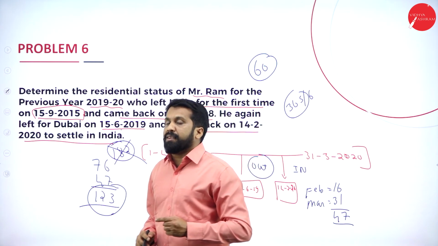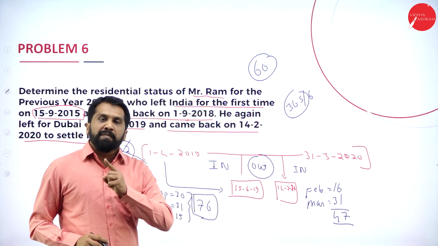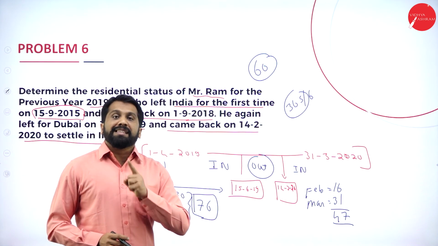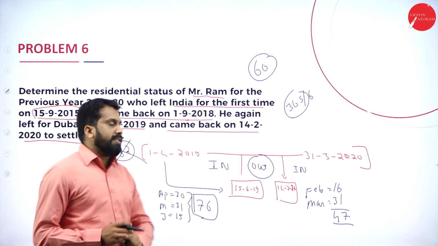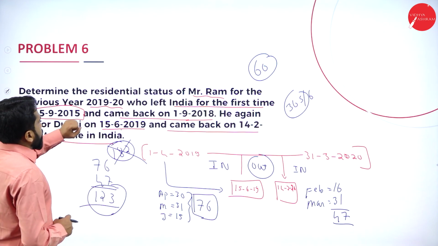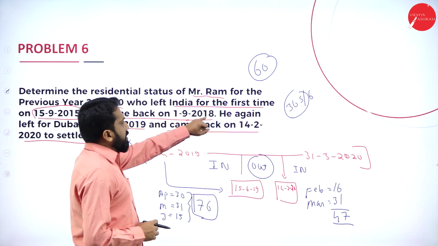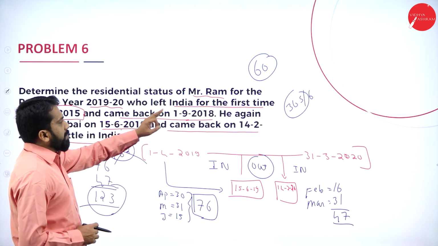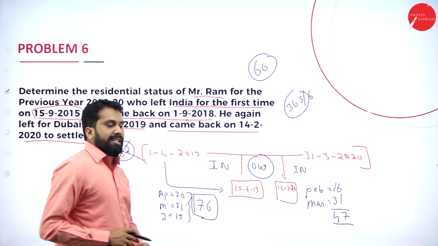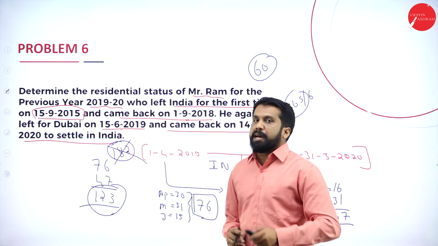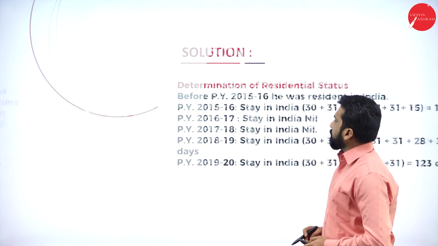What is the additional one? Along with 60, he must have been resident for 365 days. Till 2018 he was abroad, but before that he was there. We'll check whether he completed it or not.